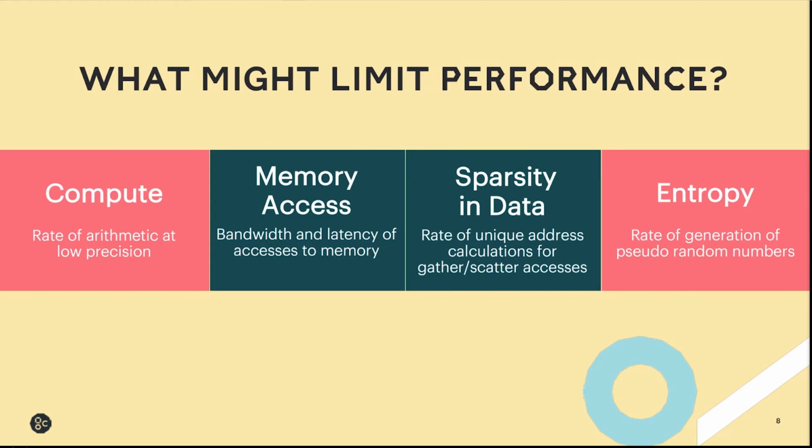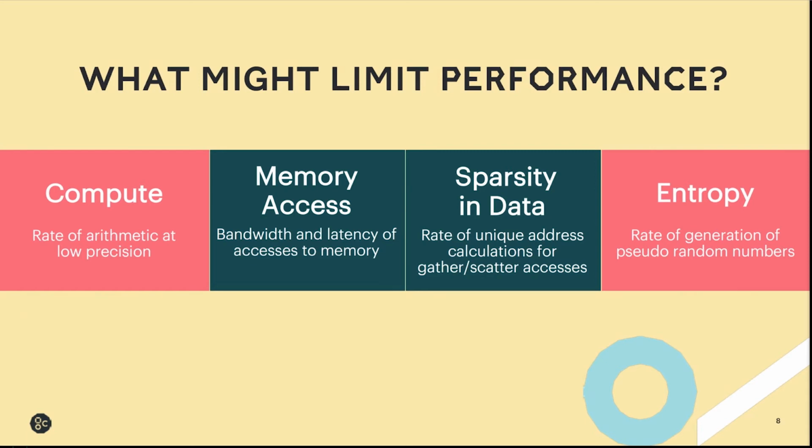So what potentially is going to limit the performance of these new hardware machines? Well, the compute. We need massive amounts of compute to train these models. It's low precision, but we need very high rates of arithmetic to be achieved. We need massive memory bandwidth, because we're dealing with incredibly complex data, and we need massive bandwidth to get this data to the compute.